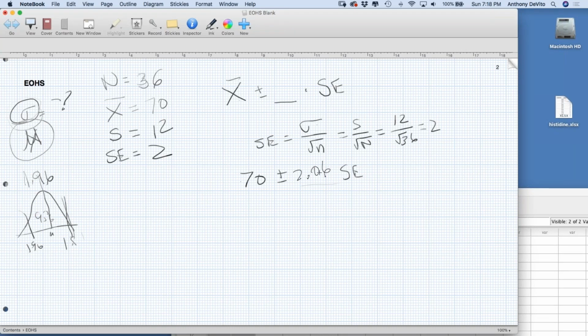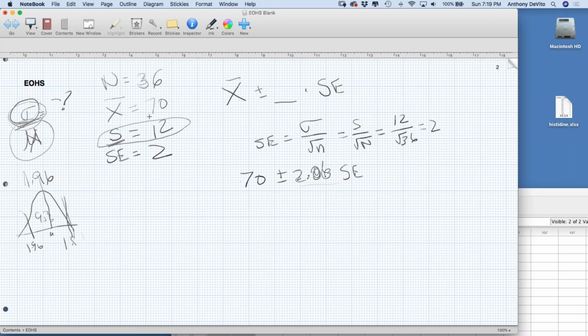So in a sense, why are we using 2.06? We're using 2.06 because since we don't know the true population standard deviation, we're less certain of the spread of our possible samples based on the sample standard deviation than if we had known the true population standard deviation, right?